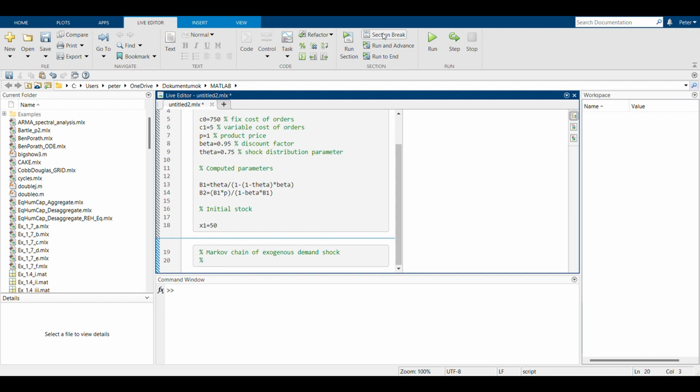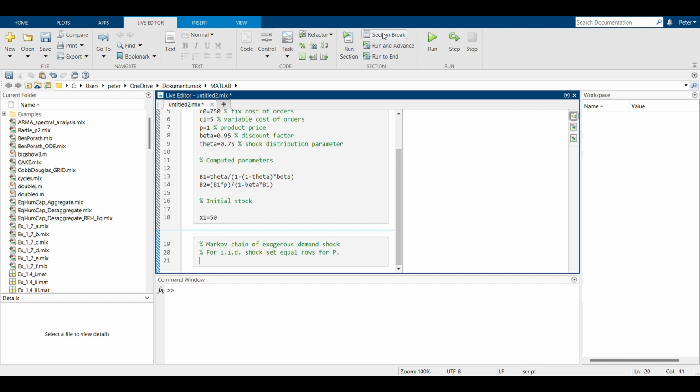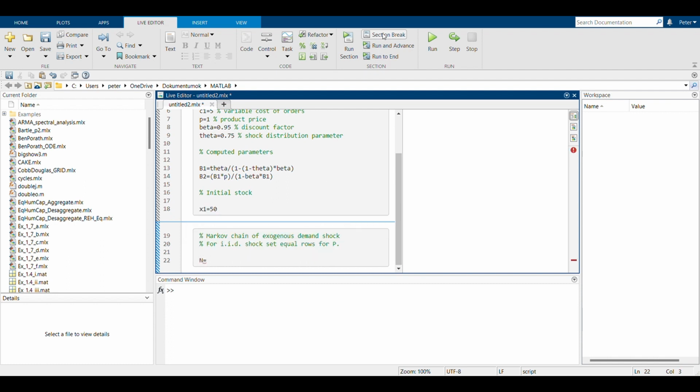Please note, for IID shock, set equal rows for the transition matrix P. Okay, so let's choose a length for the chain. This is 1000, the length of the chain.